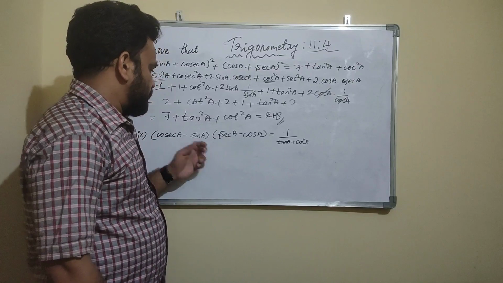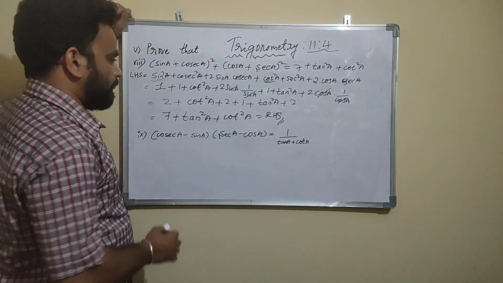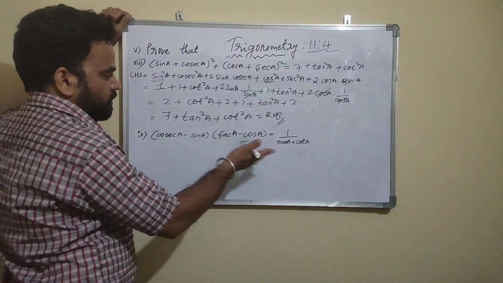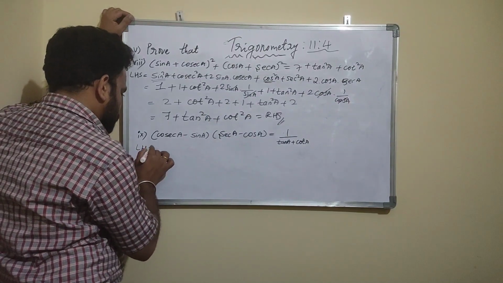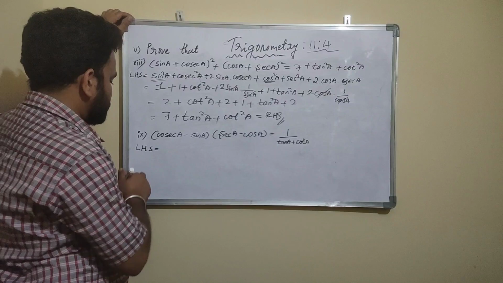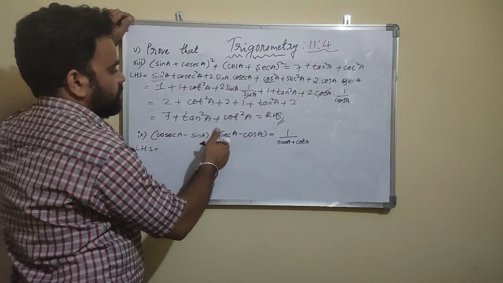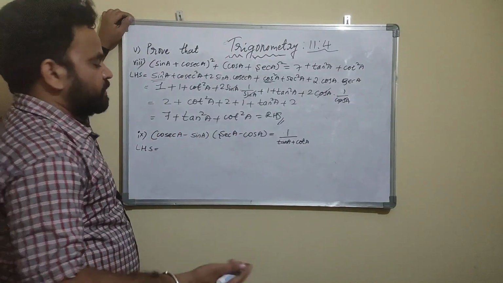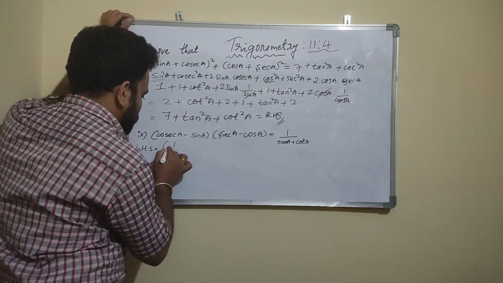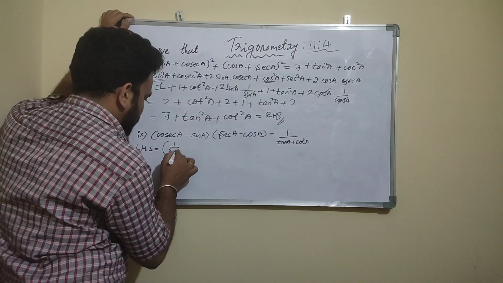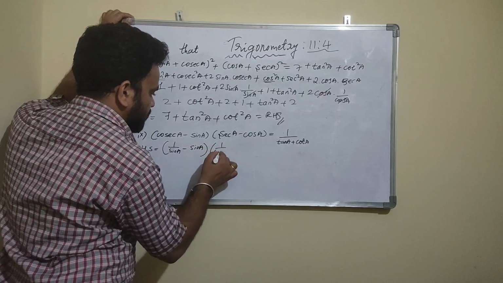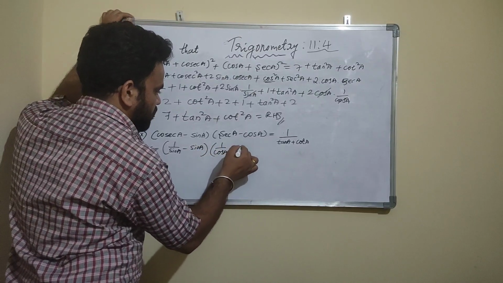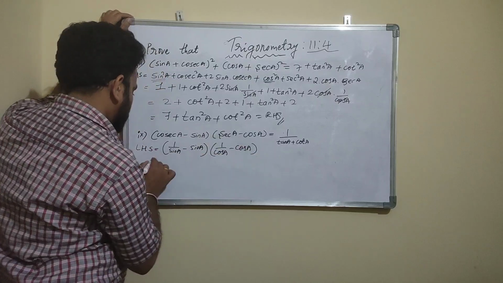Clear? So here in 9th one, as I told, both are not interrelated with each other. We need to take LHS and RHS separately and we need to prove. So I am going to take this LHS, (cosec a minus sin a) into (sec a minus cos a), by using the regular formulas, that is cosec a can be written as 1 by sin a, minus sin a. This is 1 by cos a, minus cos a. Now what can we take?